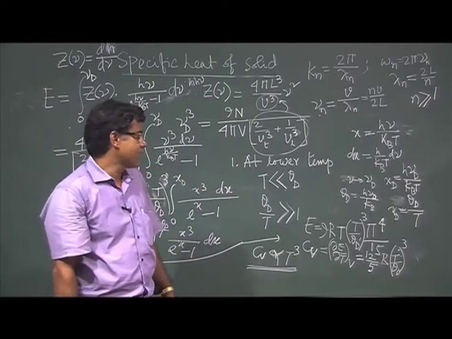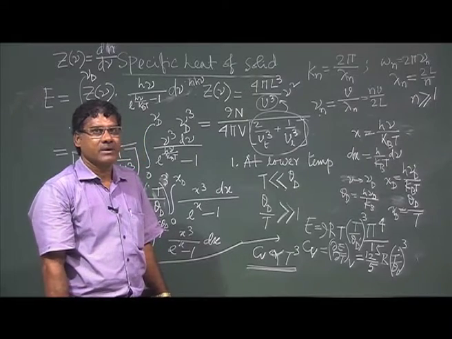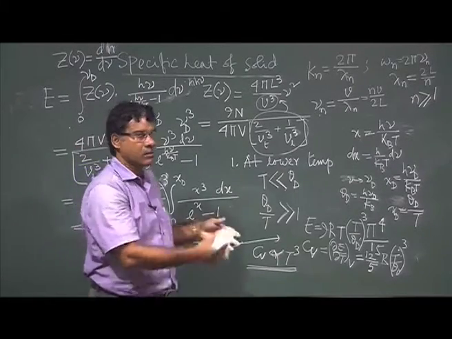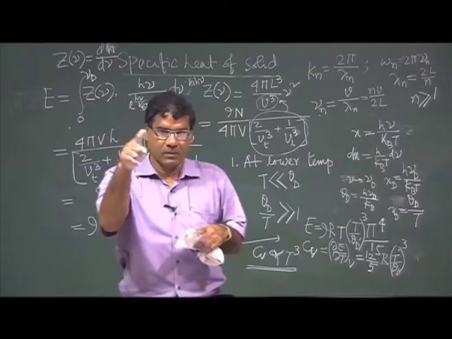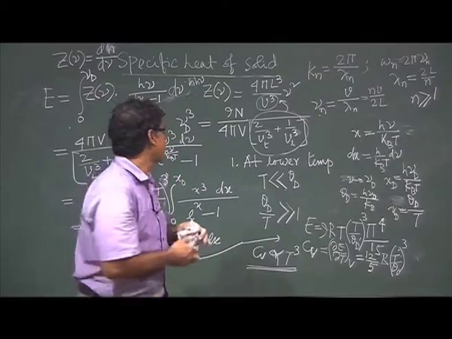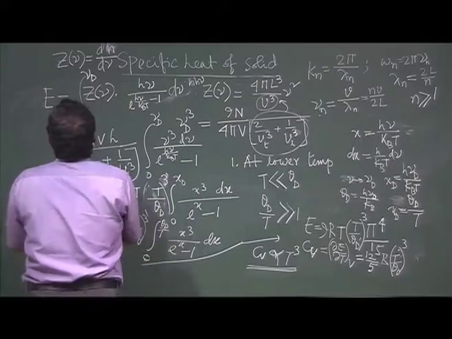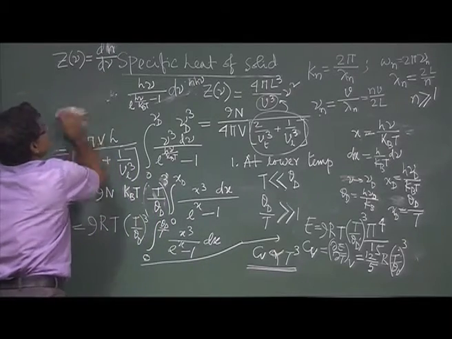So, that is the great success of Debye theory, which explains the whole behavior of C V.